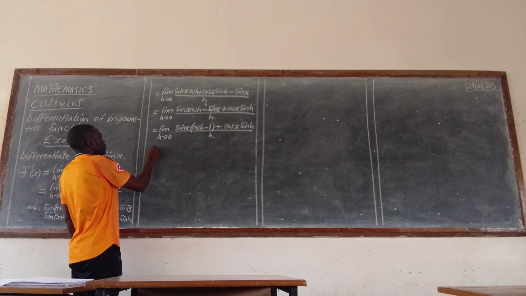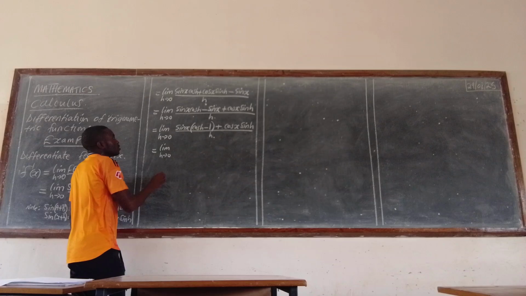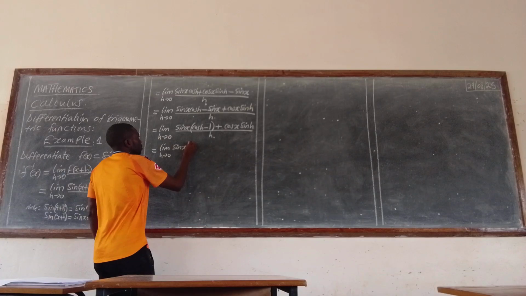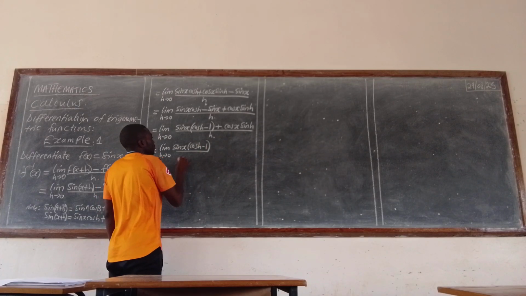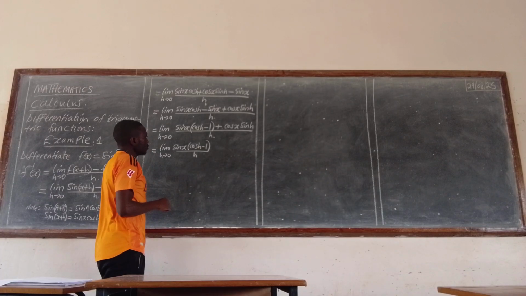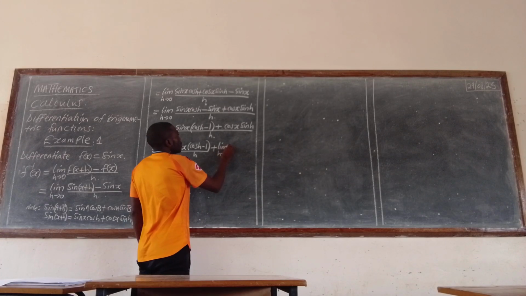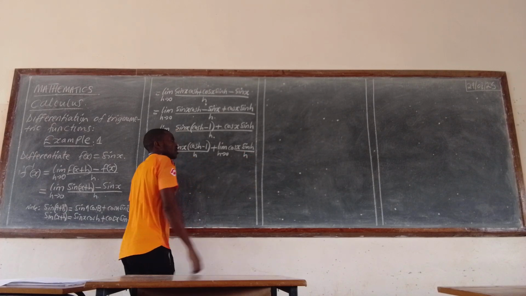So we are going to have the limit as h approaches 0 of sine x times cos h minus 1, divided by h, plus the limit as h approaches 0 of cos x times sine h divided by h.